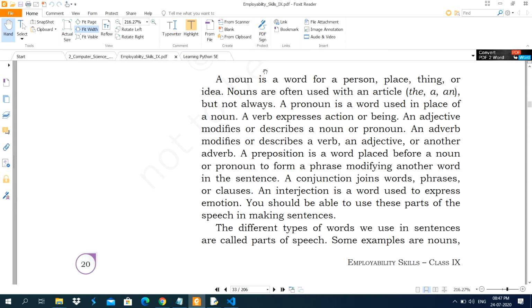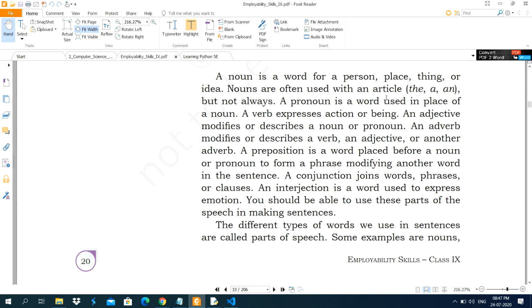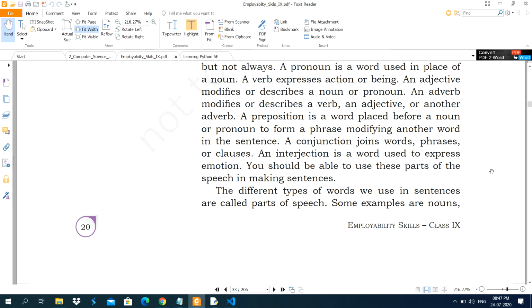Now, a noun is a word for a person, place, thing, or idea. A pronoun is used in place of a noun, and a verb expresses the action of a noun or pronoun. An adjective modifies or describes a noun or pronoun, and an adverb modifies or describes a verb, adjective, or another adverb.